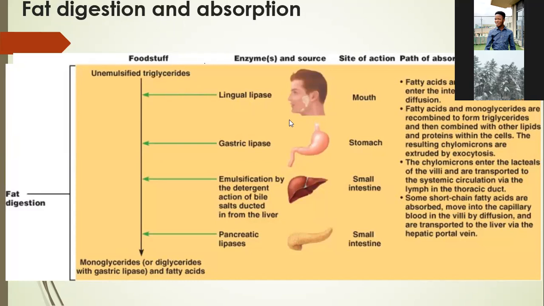Most of the fatty foods that you have or lipid products will end up in the stomach. Within the stomach, again, there is minimal digestion, and it will move all the way to the duodenum. Now, in the duodenum, it will be exposed to the pancreatic enzyme lipase.